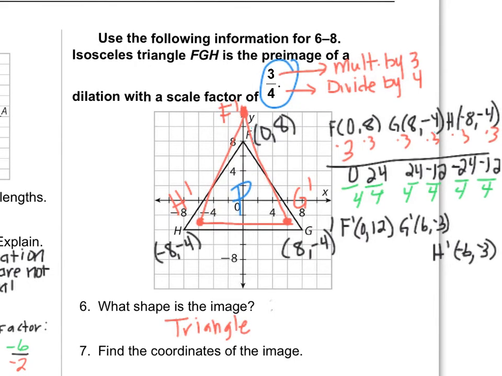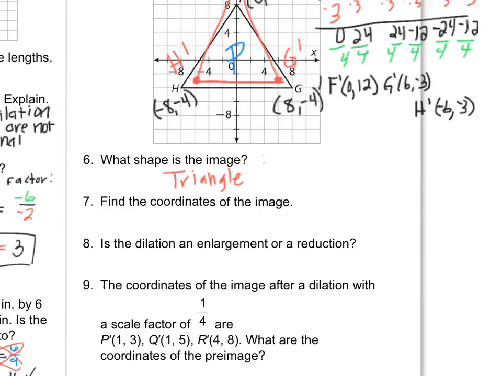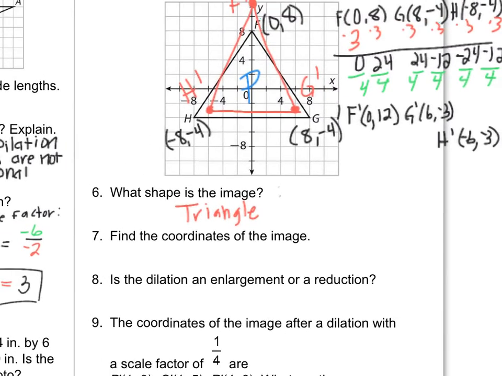In question number 7, they're asking us the coordinates. We already gave those coordinates. So F prime is 0, 12. G prime is 6, -3. And H prime is -6, -3.